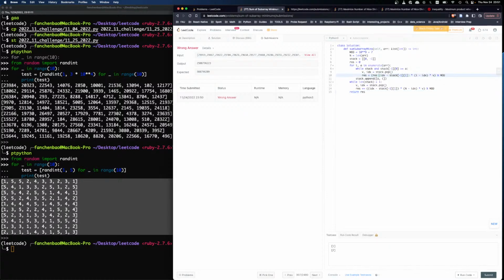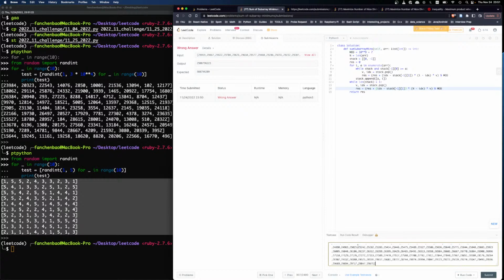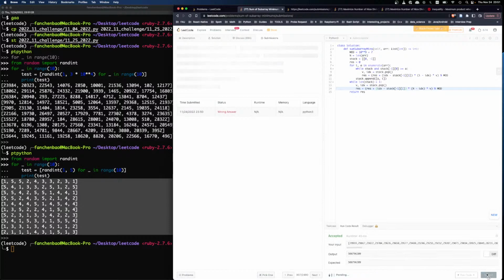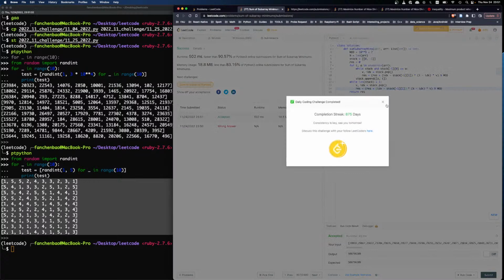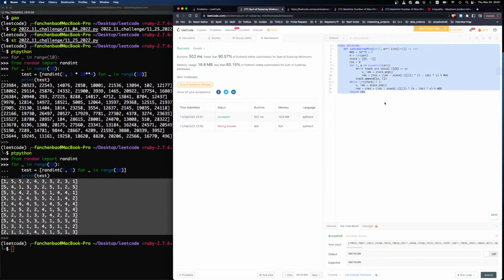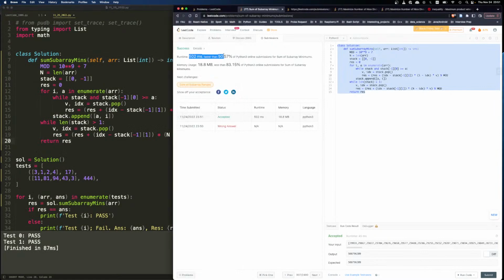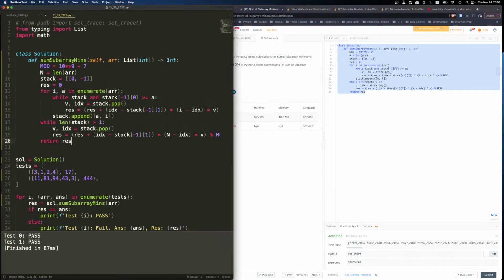That should be res plus this times this. Yeah, maybe. Yep, it's a mod issue. It's a mod issue. There we go. Oh, should do pretty well. Yeah, we identified the trick. That's why we got this one.